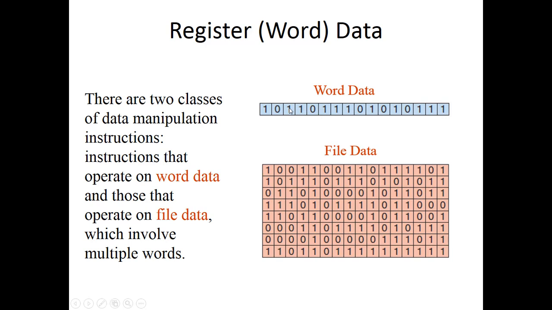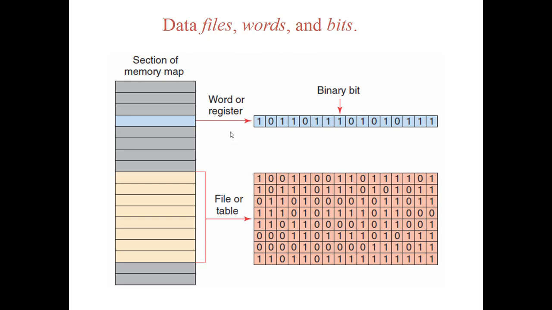Now these ones and zeros mean something to the CPU and to the program that we're working on. Okay, so we get ones and zeros of this word, and when we group them together, one word, 2 words, 3 words, 4, it's kind of like you're reading a book here. That's called a file. Okay, so this is the register, the word data, and this is what we're manipulating.